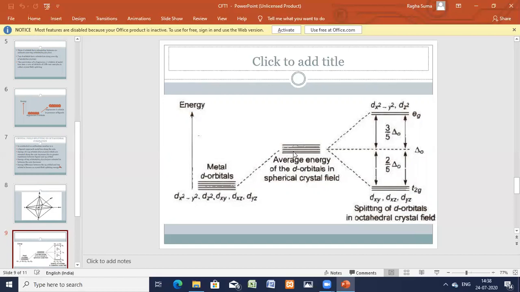As the ligands approach to bond, immediately the energy differences come and splitting takes place. This is called crystal field splitting. This is the difference in energy.